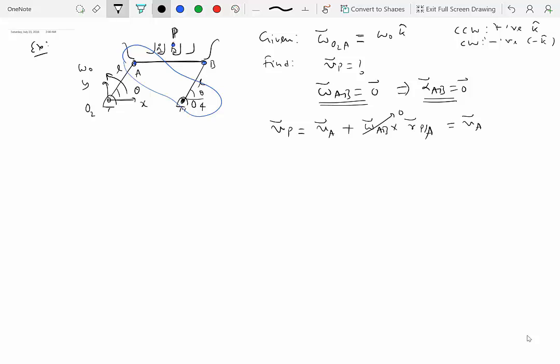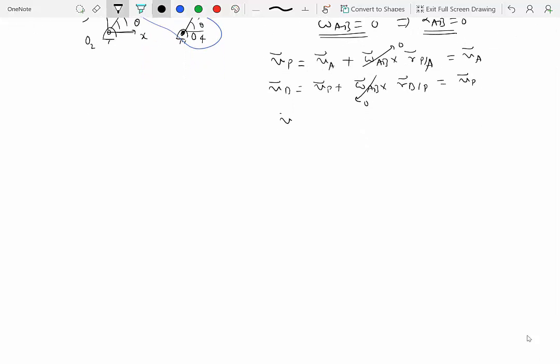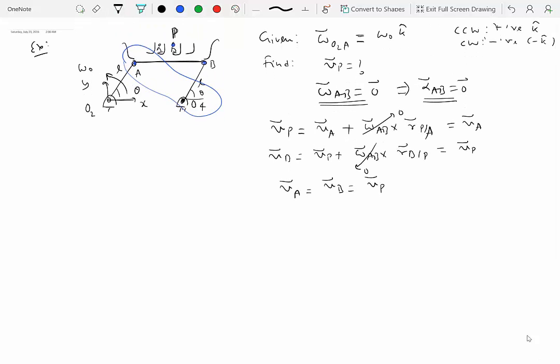And if you write a similar relationship between, let's say, P and B, what would you get? VB can be written as velocity of P, again, plus omega AB cross R of B with respect to P. This is 0, so that's equal to velocity of P. What this is saying is that every point on this motion platform has the same velocity, right?